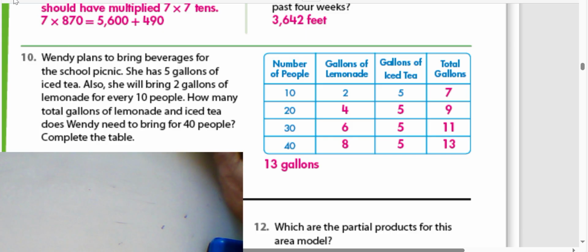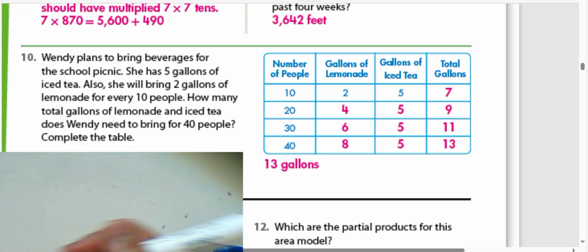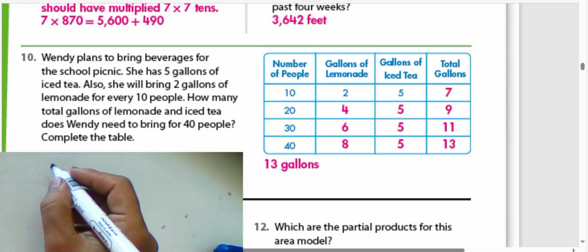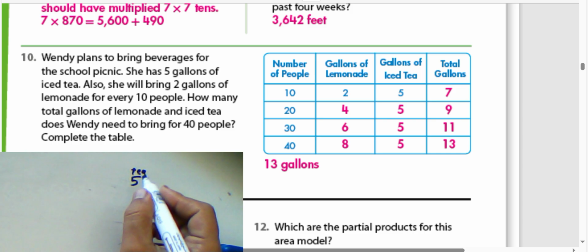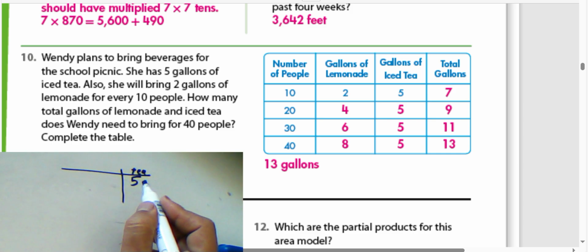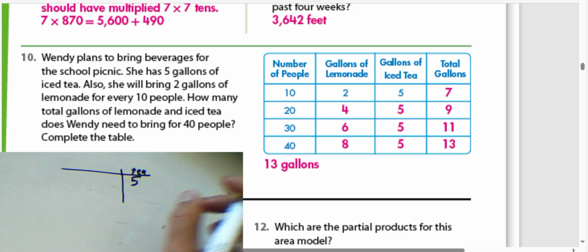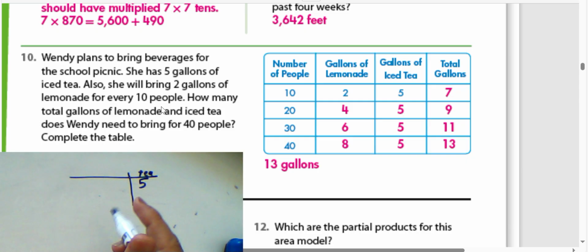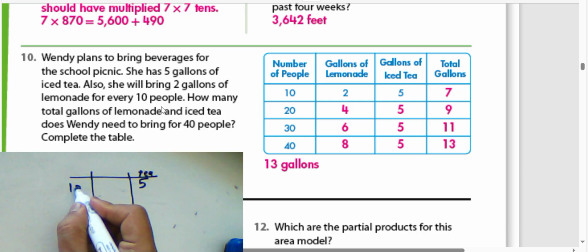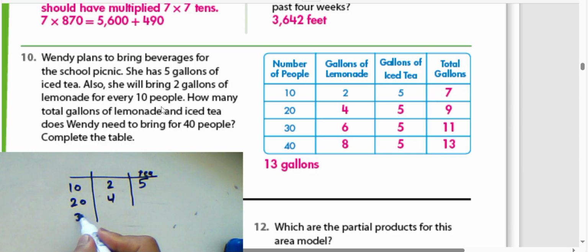Understood? Okay, again, she has 5 gallons of tea. Understood? And she will bring 2 gallons of lemonade for each 10 people. If we have 10 people, then for 20 it will be 4, for 30 it will be 6. We add 2 all the time, multiplying by 2.